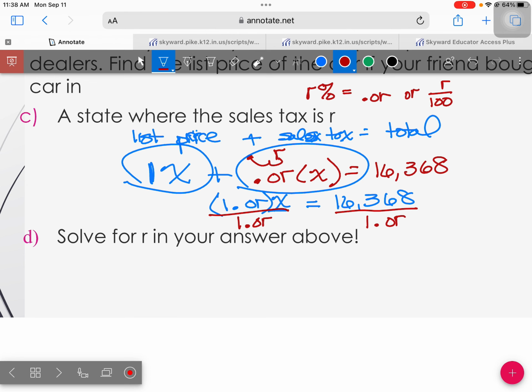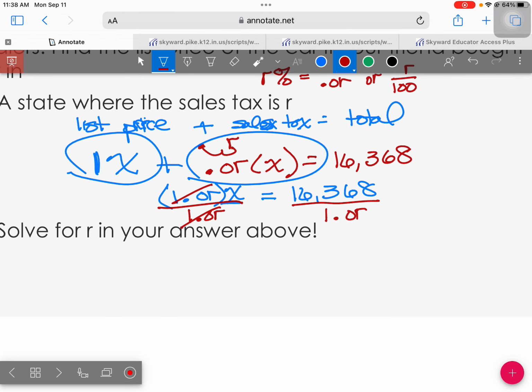So this divides out, and I have x is equal to 16,368 divided by 1.0r.